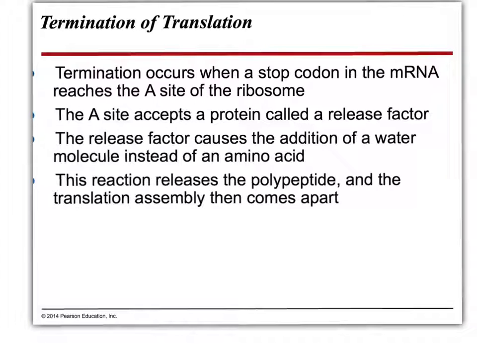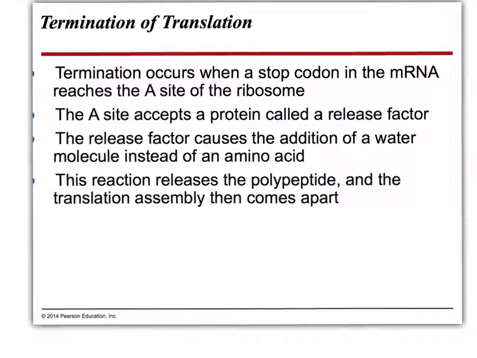But once that codon that's in the A site codes for a stop codon, there's no tRNA that can come in there. So when it reaches a stop codon, no tRNA is going to come in, thereby there's not going to be any translocation.